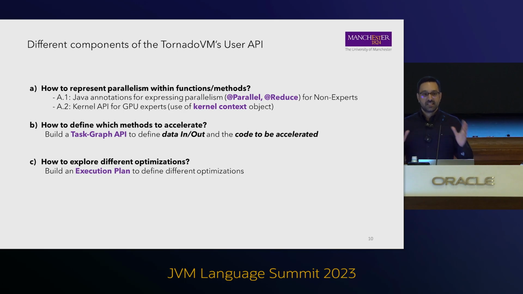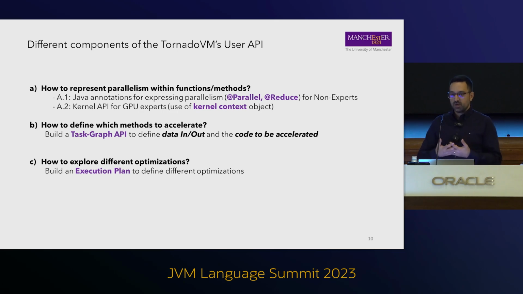We totally redesigned the API compared to the first time I came here. When we redesigned the API, we asked ourselves the following question: first of all, how do we represent parallelism in a language that wasn't designed for parallel compute? To address this, we offer two solutions. The first one is through annotations in the code.